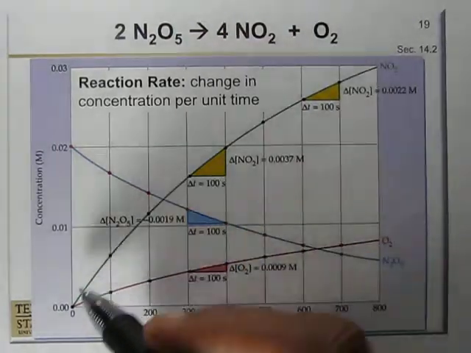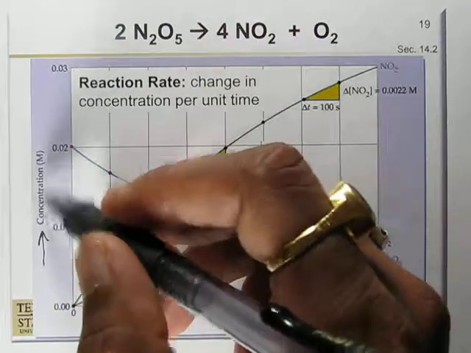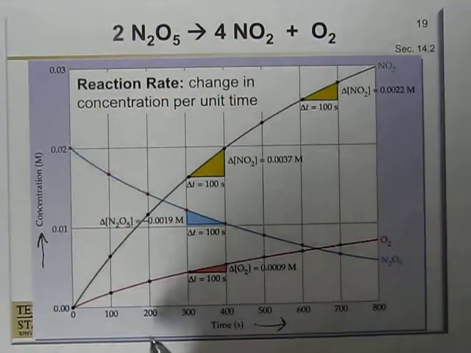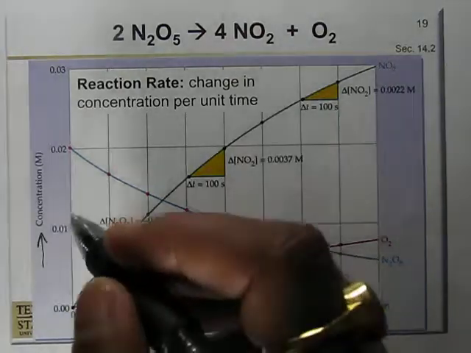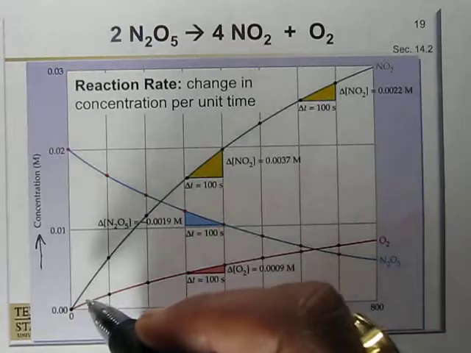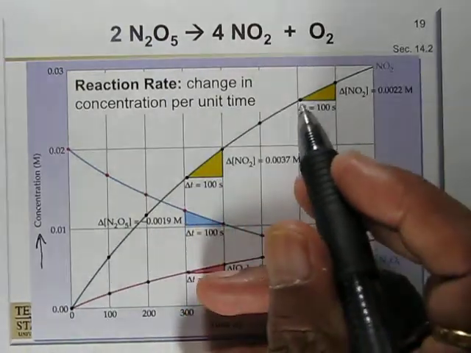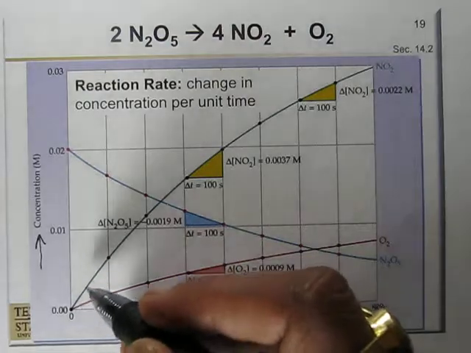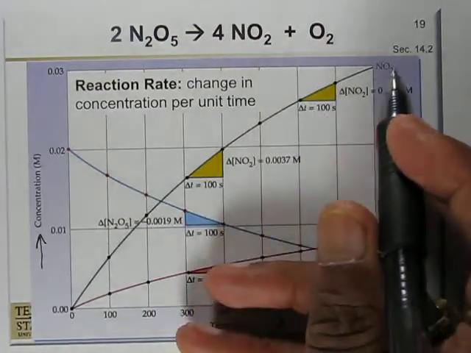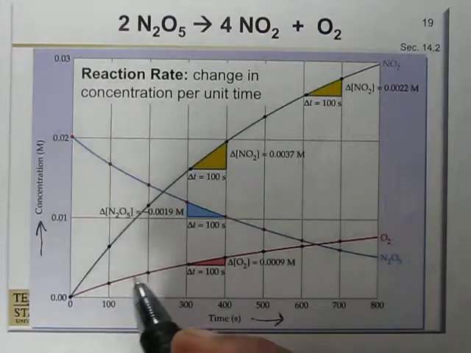In the graph, the y-axis is plotted with the concentration in molarity, and the x-axis is time, increasing from left to right, while concentration increases from bottom to top. The green line is for NO2, which shows that this product is increasing over time, and oxygen is another product, the red line.